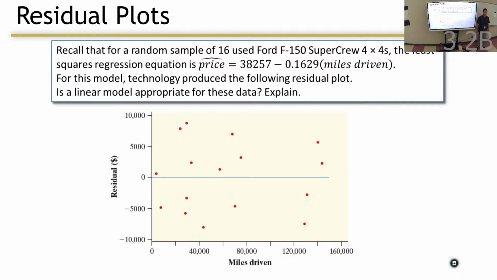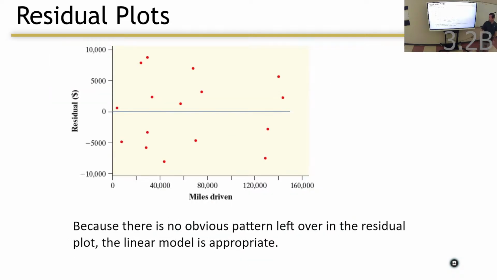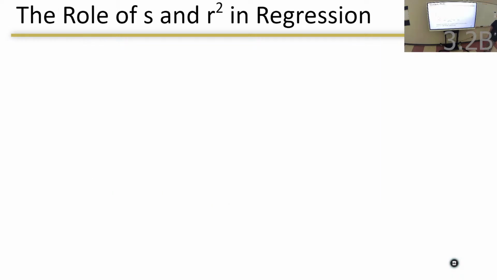Yeah, good. It's scattered. You don't have to make a whole lot of judgment on it. Curved is the bad one, and it can be positive or negative. Either way, curved, okay? Because there's no obvious pattern left over in the residual plot, a linear model is appropriate. Okay, residual plots, we're good?